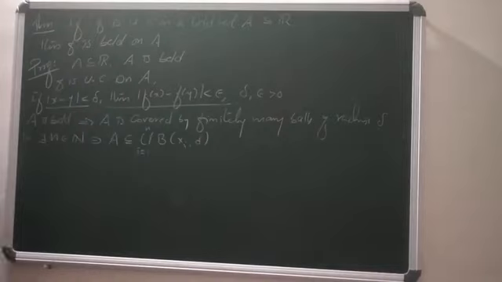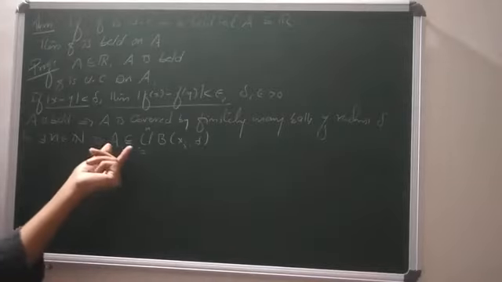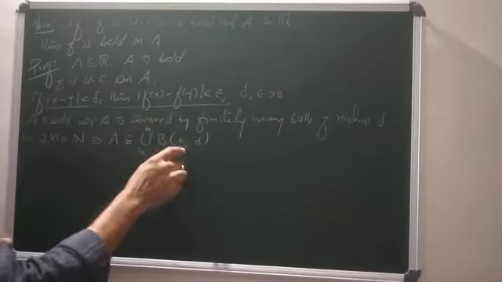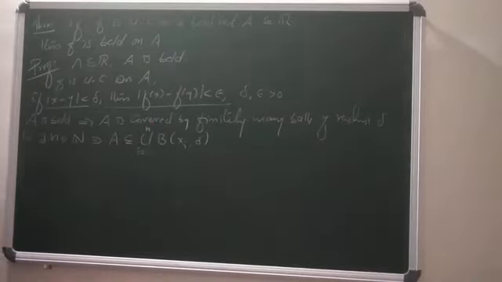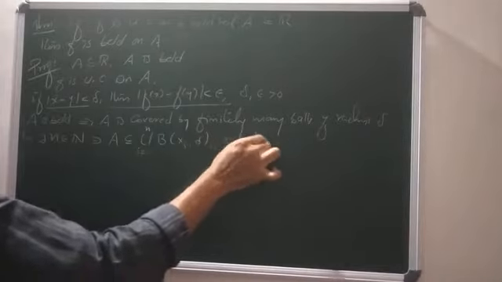Since A is bounded, A is covered by finitely many balls of radius delta. That means A is a part of the union of ball x_i, delta, where n is a natural number, and each x_i belongs to A itself.